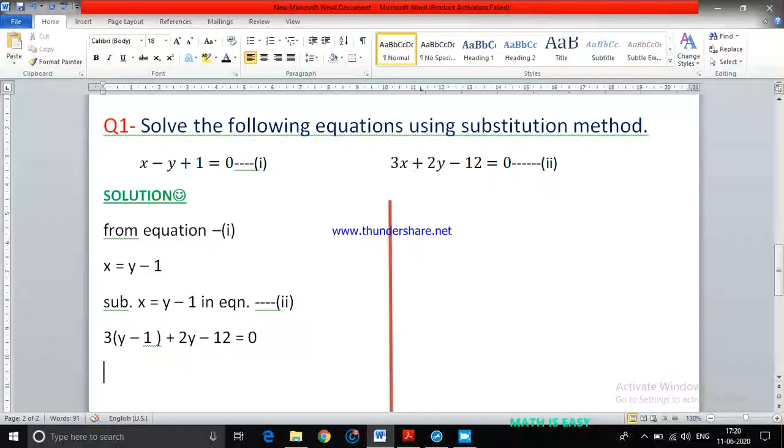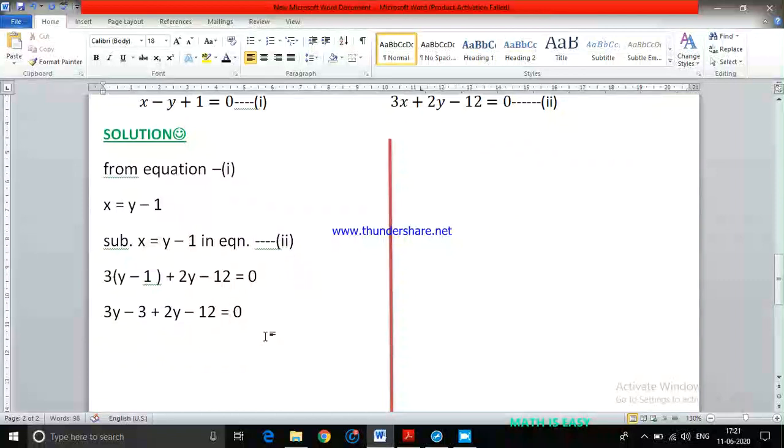So if I simplify this one, I'll get 3 times y minus 3 into 1 is 3, then plus 2y minus 12 equals 0. Okay, so then you have 3y plus 2y will be 5y, and you have minus 3 minus 12.